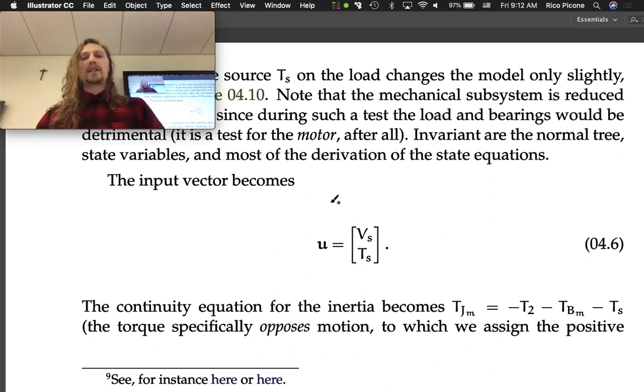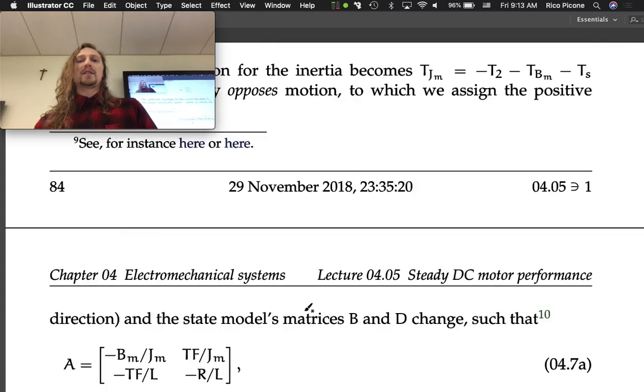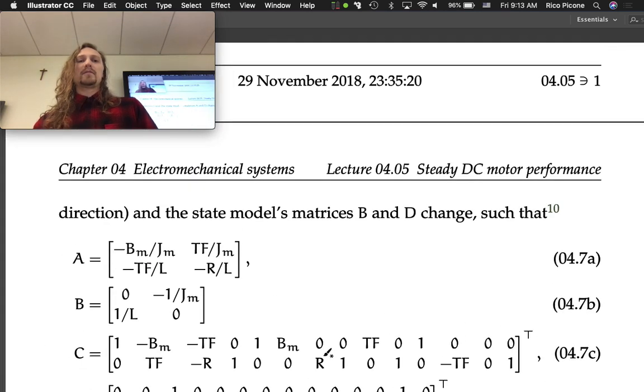The input vector, instead of being just Vs, is now Vs and Ts, so the torque source is also an input in the system. The continuity equation for the inertia becomes TJM equals negative T2 minus TBM minus TS. The torque specifically opposes motion, to which we assign the positive direction.